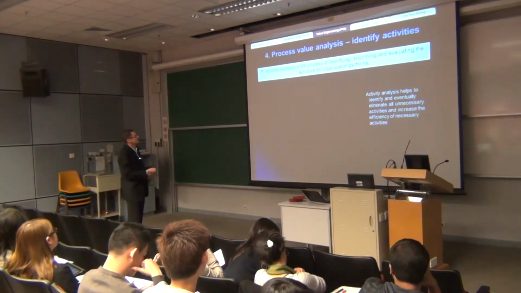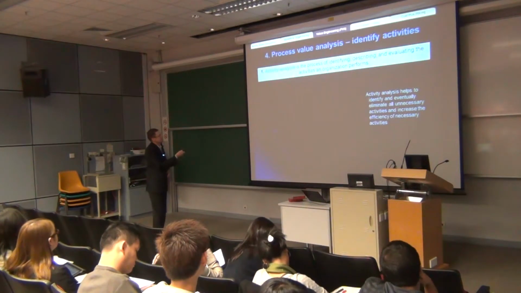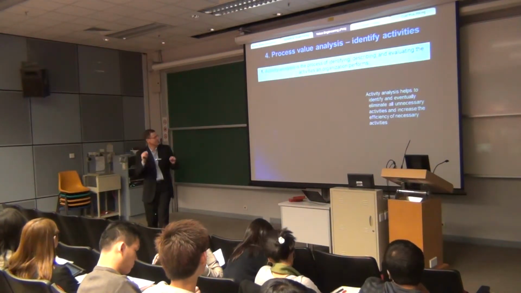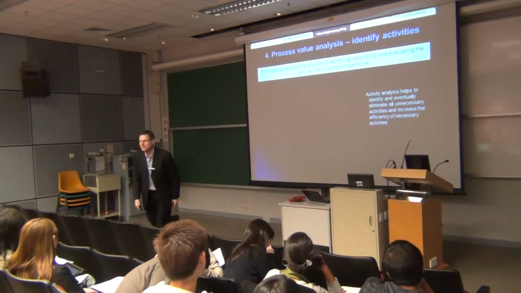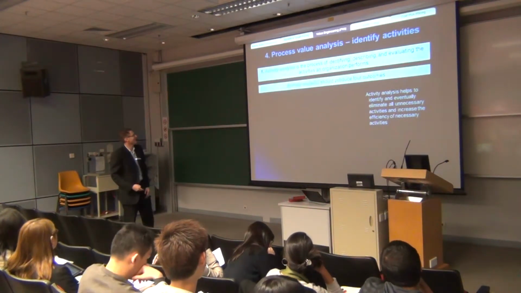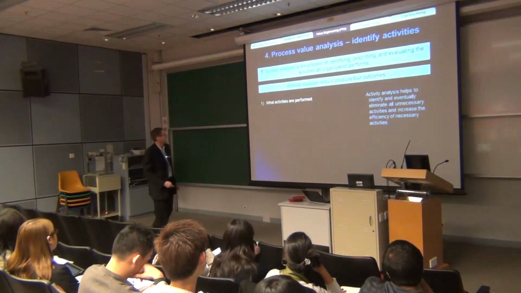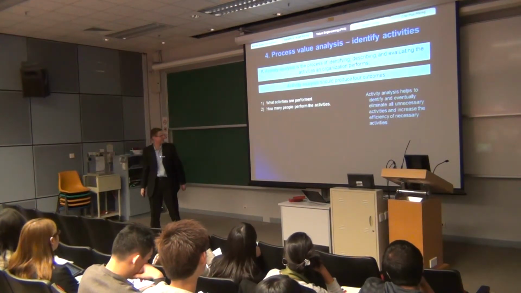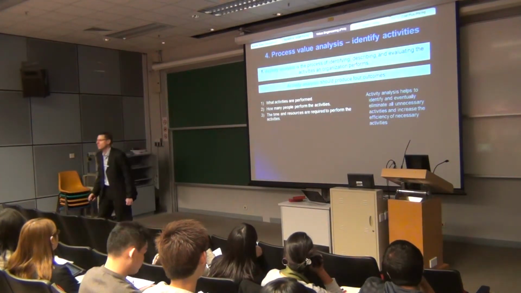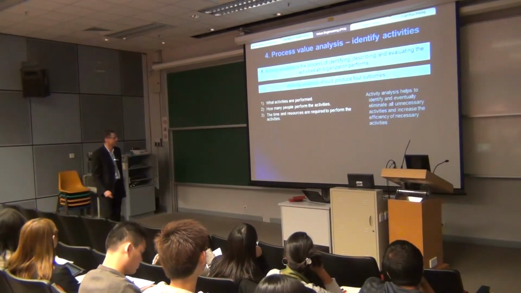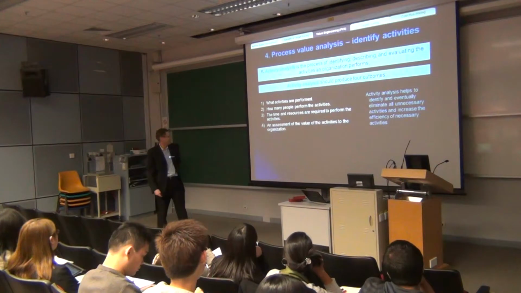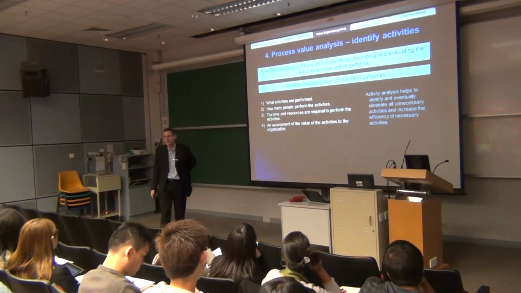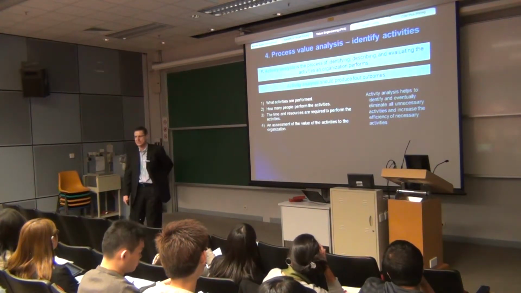So activity analysis is the process of identifying, describing and evaluating activities an organisation performs. And it should have four outcomes. What activities were performed? How many people were performing those activities? The time and resources required to perform the activities, and assessment of value of the activities to the organisation.